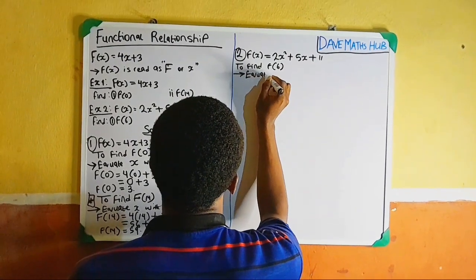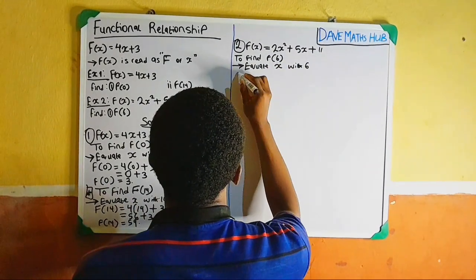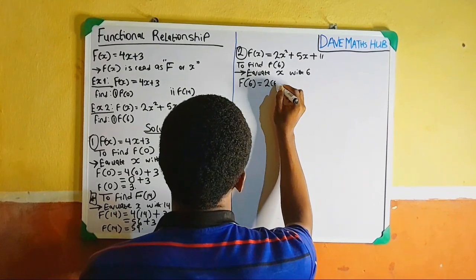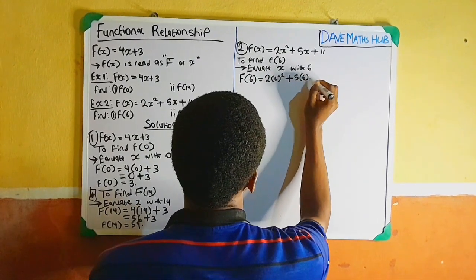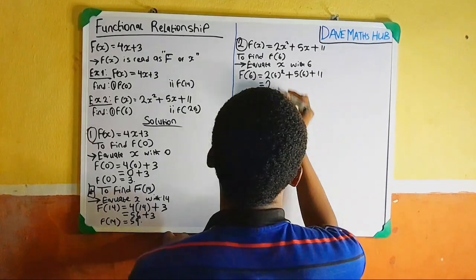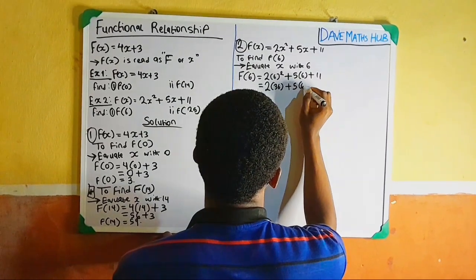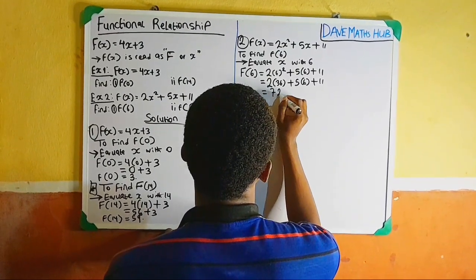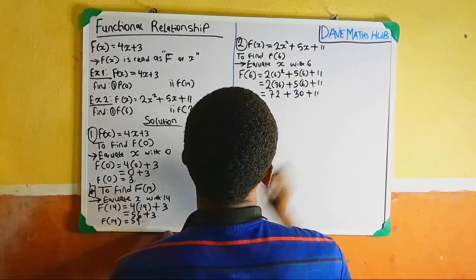Equate x with 6. f of 6 equals 2, open bracket 6 raised to power 2, plus 5, open bracket 6, plus 11, which is 2 times 6 raised to power 2, which gives us 36, plus 5 times 6, plus 11, which is 2 times 36, 72, plus 5 times 6, 30, plus 11.